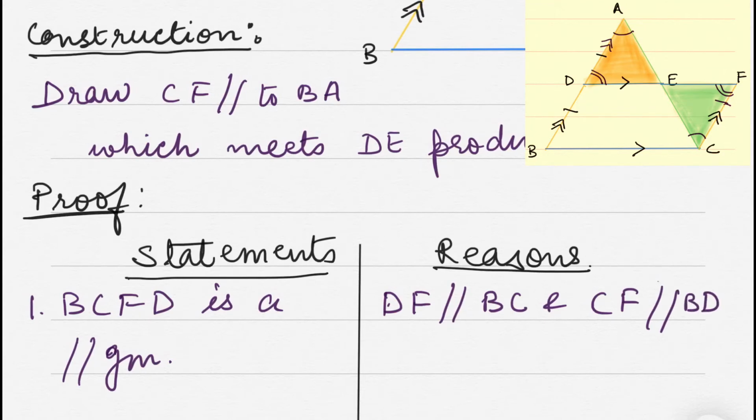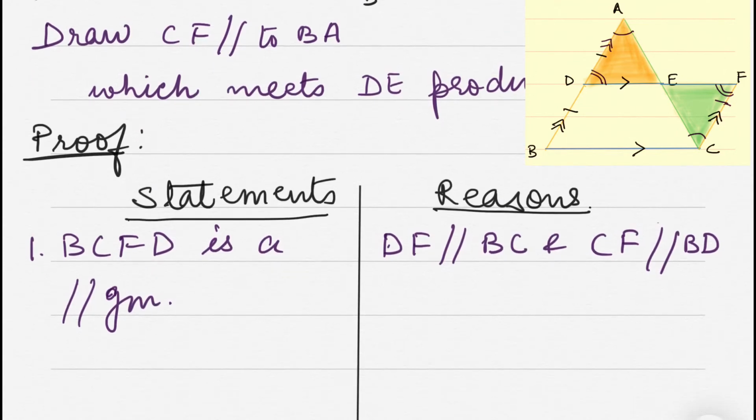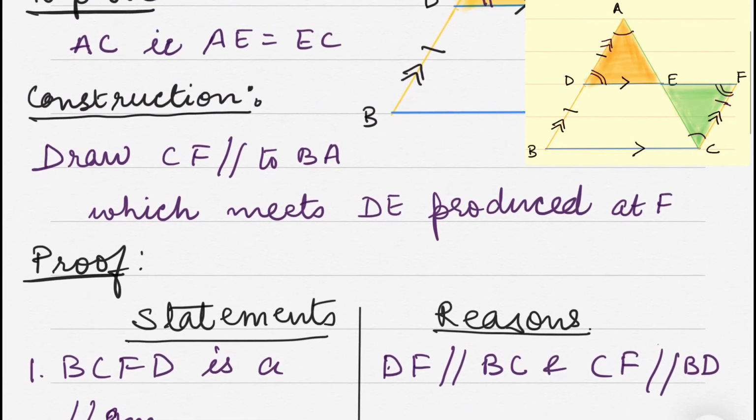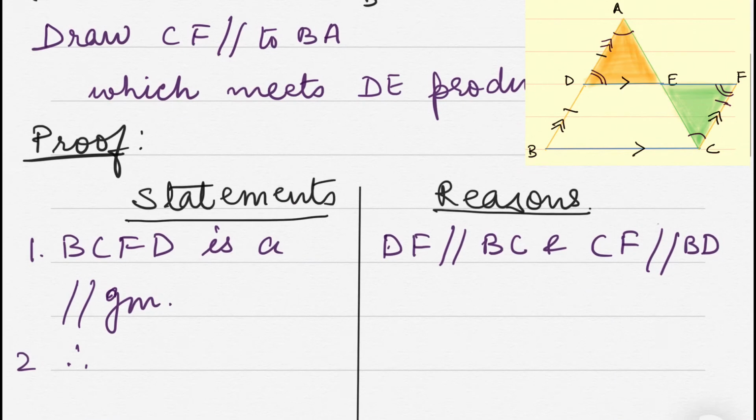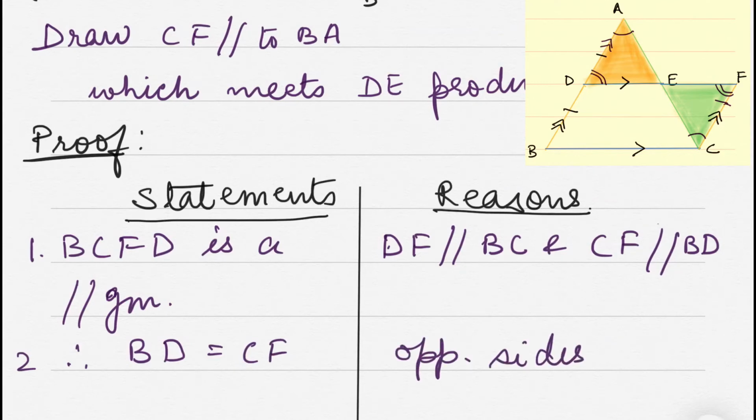One was given, DF was parallel to BC was given, and CF parallel to BD we did by construction. Okay, now so that we can say that my BD is equal to CF, right? Opposite sides of parallelogram.